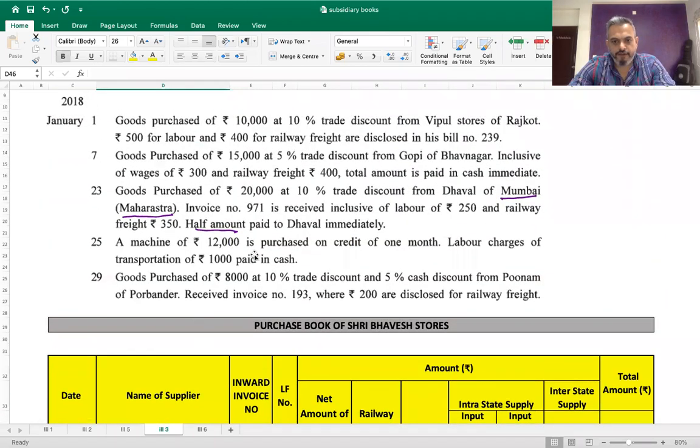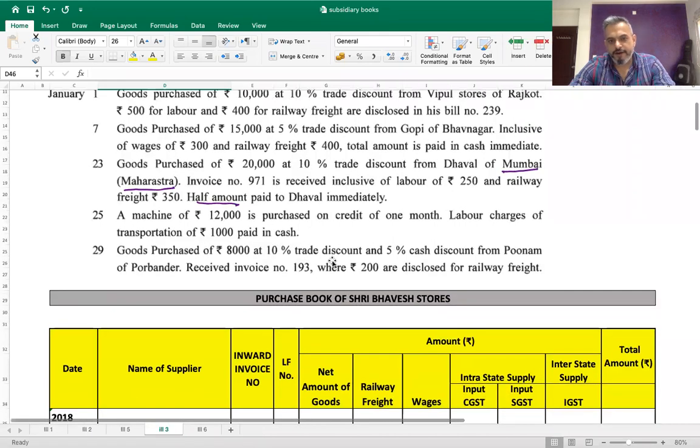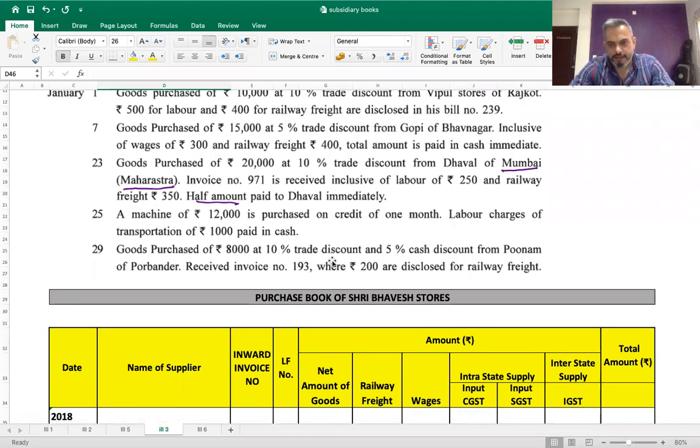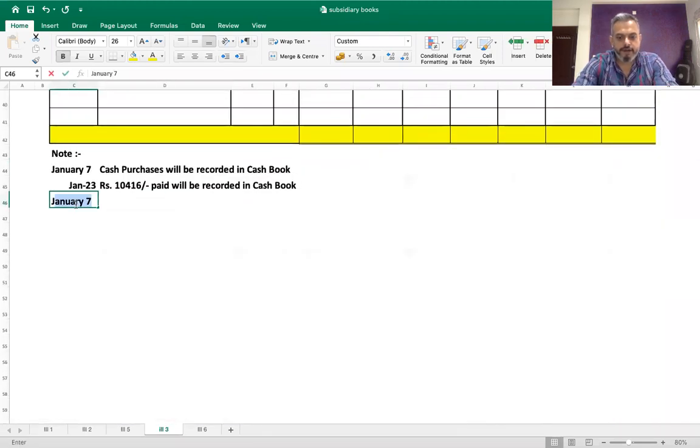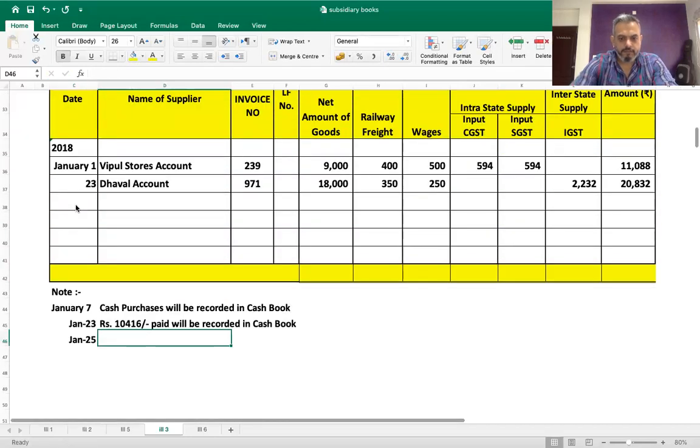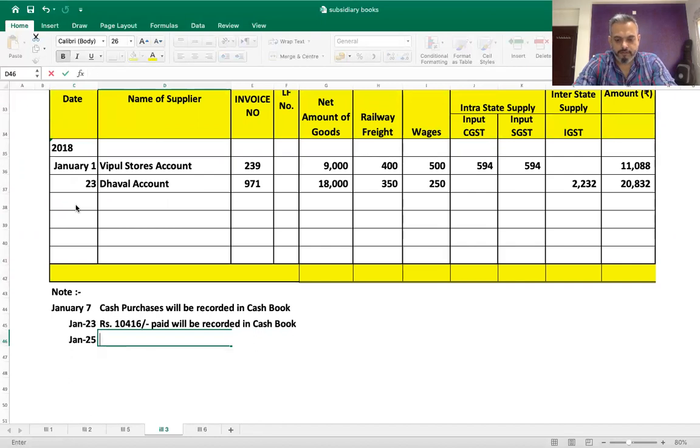25th, a machine of 12,000 is purchased on credit of 1 month. Labor charges do not matter to us now because it is machine purchase, so it will not be recorded in our subsidiary book. So we write a note, January 25th: credit purchase of machine will be recorded in, where will this be recorded?